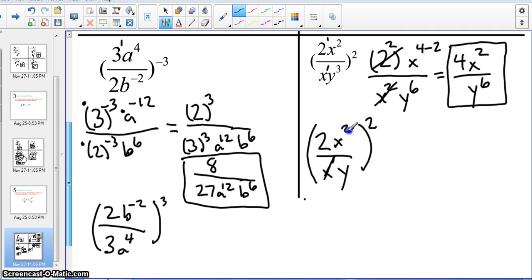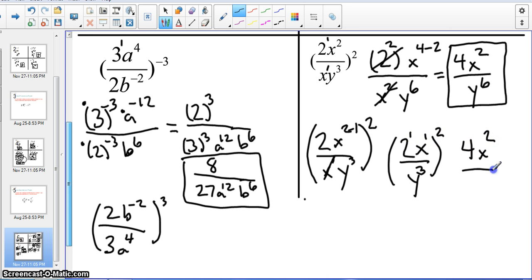So I'd subtract 1 from 2. So I'd have 2x all over y to the third. Then I square everything. So 2 squared is 4. X to the second all over y to the 6th. Same exact answer, just a different way of thinking about it.